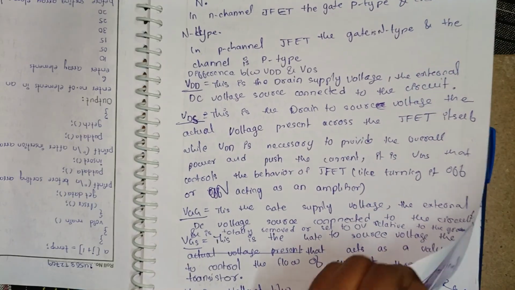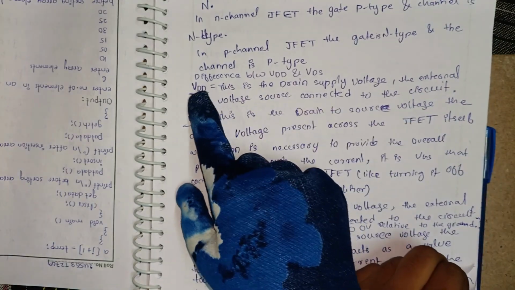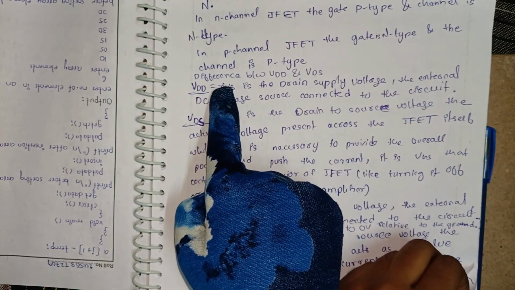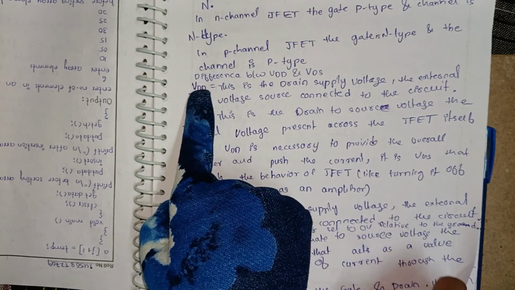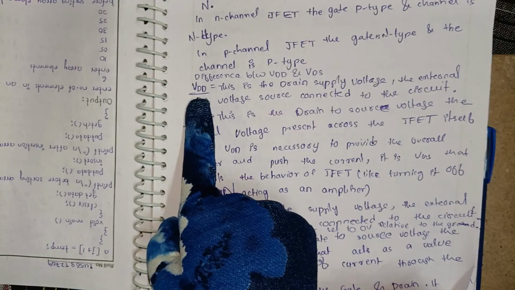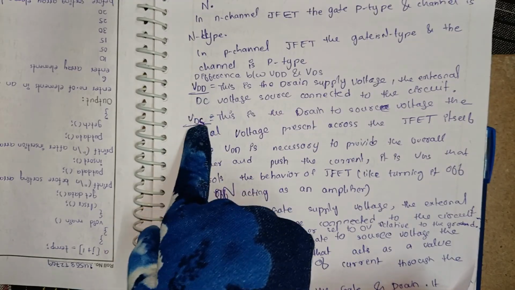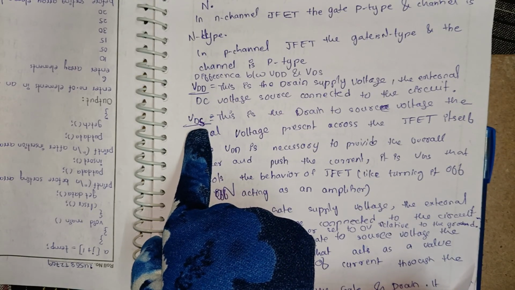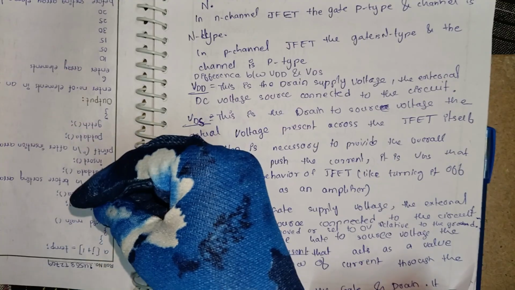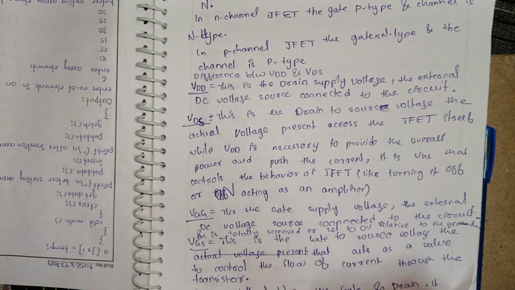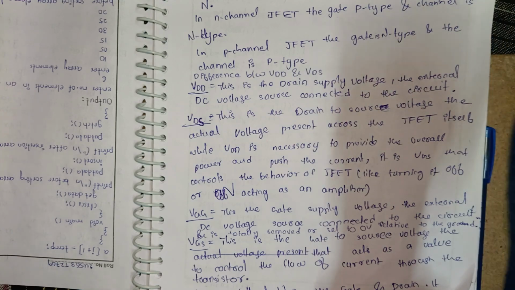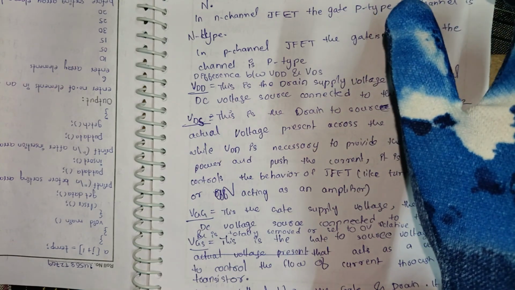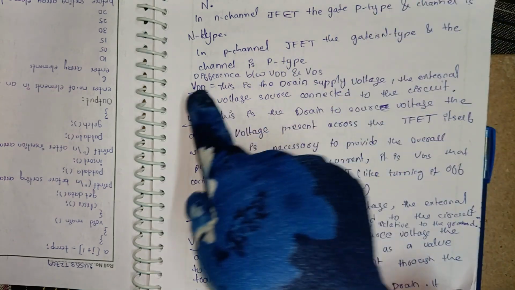I have shown this in the biasing because this voltage is associated with biasing diagrams. VDS is associated with both the normal JFET working diagram and the biasing diagrams.